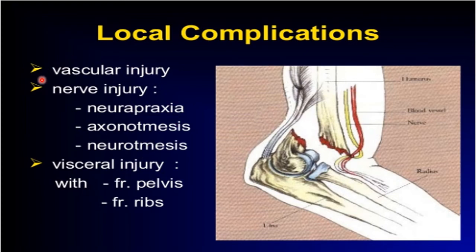When any of these local complications, vascular injury, nerve injury, or a visceral injury, is accompanied by a fracture, these fractures are called complicated fractures.